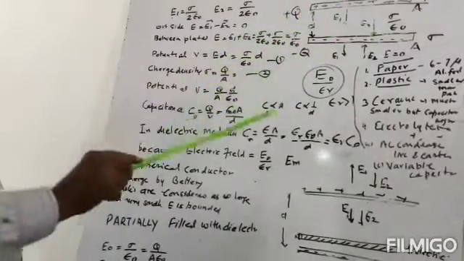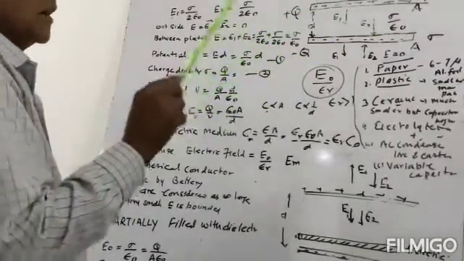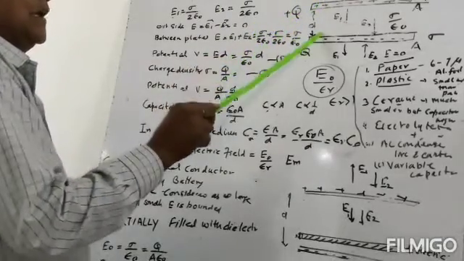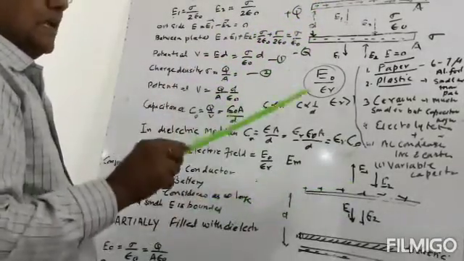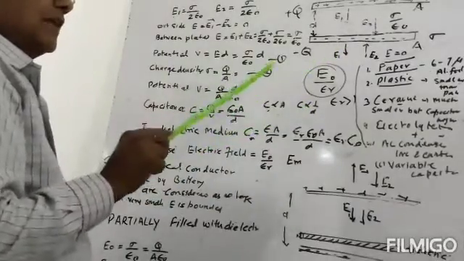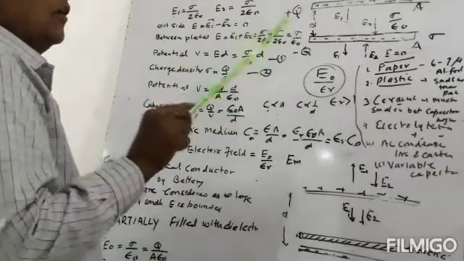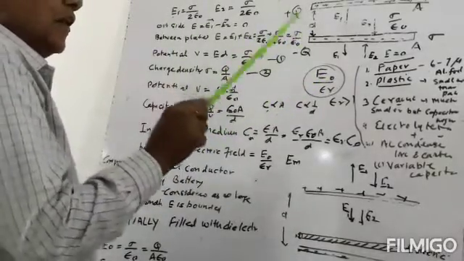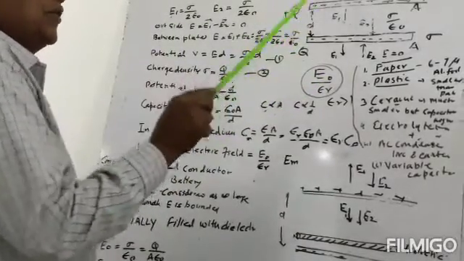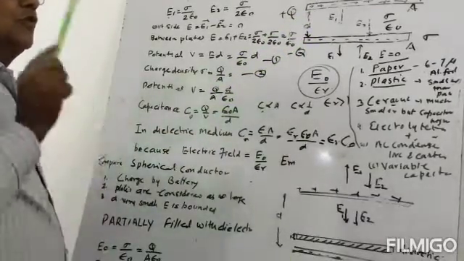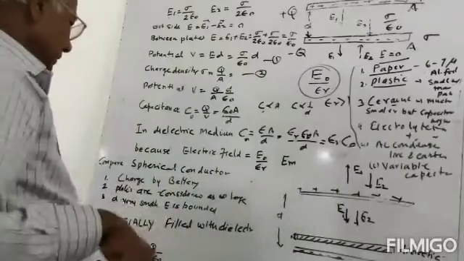It will charge up to the point where the potential difference between these two plates is equal to the EMF of the battery. After that there will be no charging, and the maximum potential between these two plates will always be equal to the EMF of the battery.